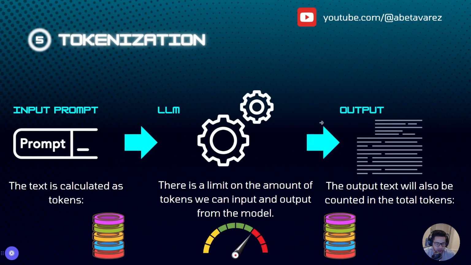Then we're going to get the output, and the output text will also be counted in the total tokens. So you need to calculate the input text and the output text that you want, and make sure you don't go over the limit that is set for this LLM. And depending on the LLM that you're using, GPT-3 or GPT-4, the limit will be different.